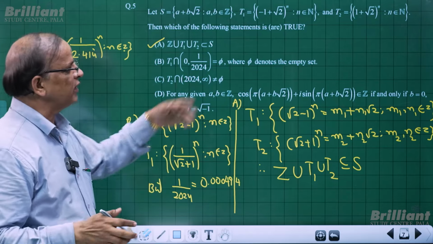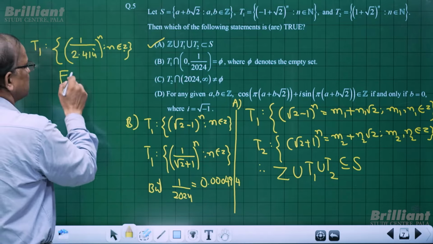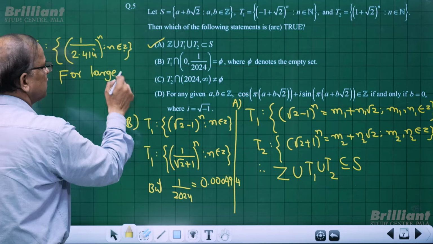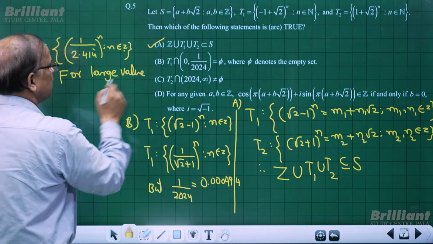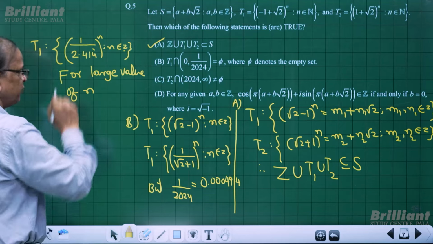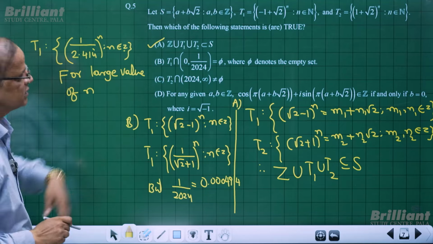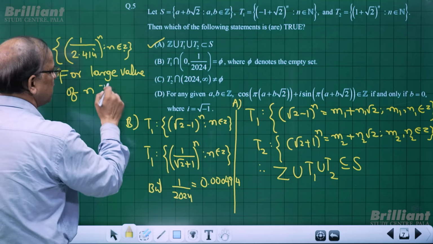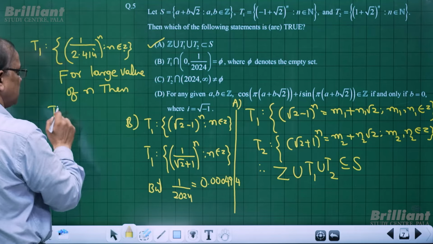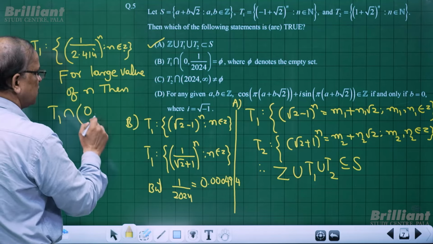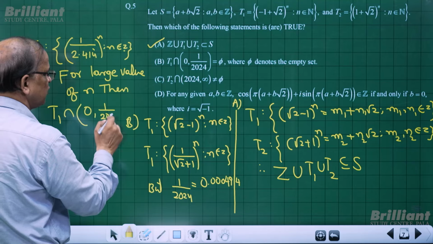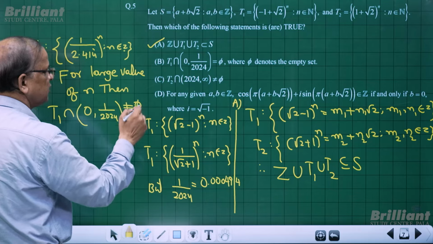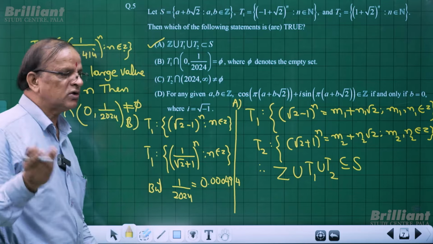So the intersection is not phi. For large values of n, this value of T1 lies in this interval. Therefore T1 intersection (0, 1/2024) is not phi, but it is given to be phi. So that is not correct.